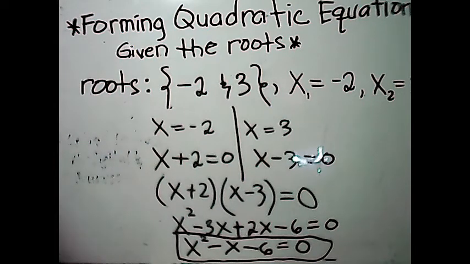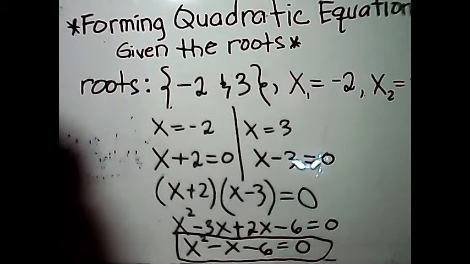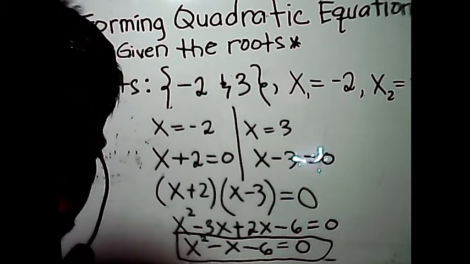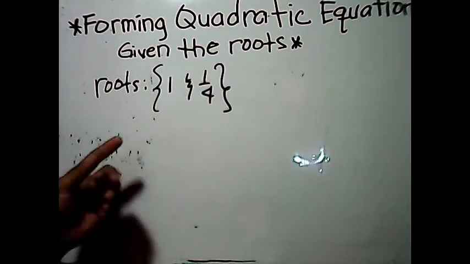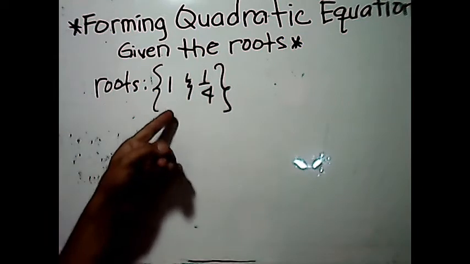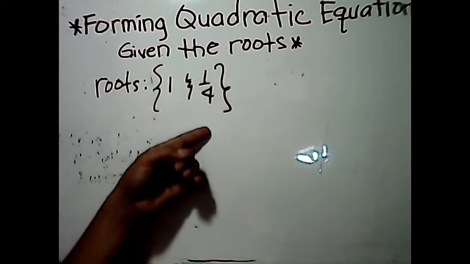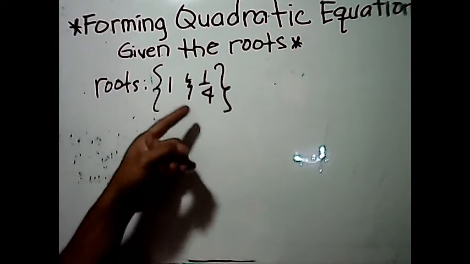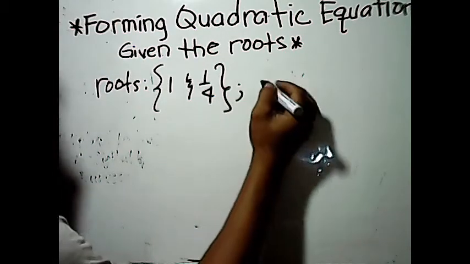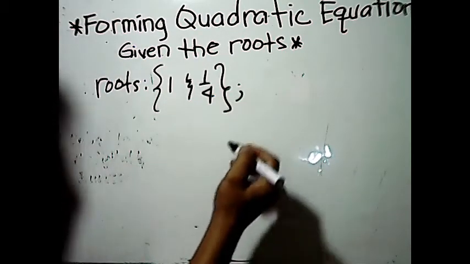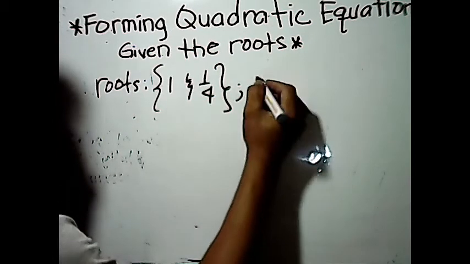Okay, so let's try another example. The roots are 1 and 1/4. So these are our x's, the values of x in our quadratic equation.